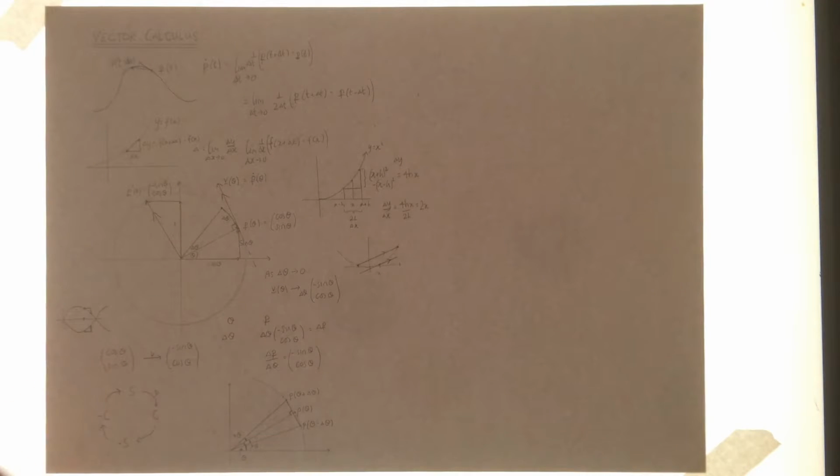And so returning back to this picture, you can see that this line is always, by symmetry, perpendicular to the radial line going from the origin to P. So in the limit, it's also going to be perpendicular.